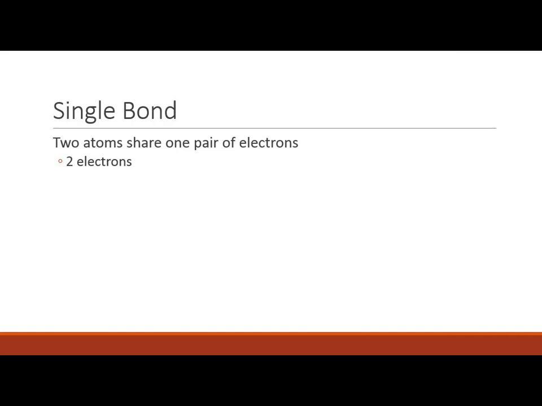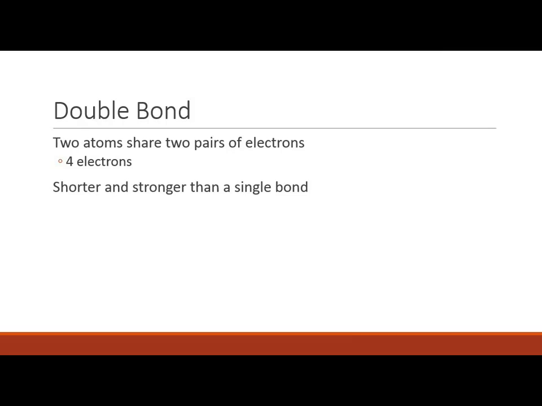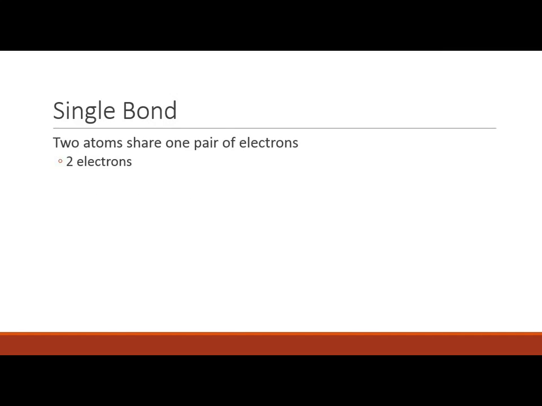Now, a couple of things that we should be aware of, and these probably seem pretty intuitive, but we're going to say that a single bond is when 2 atoms share 1 pair of electrons, and this is just 2 electrons, right? So we showed this earlier. I showed this earlier between 2 hydrogens, something like this.